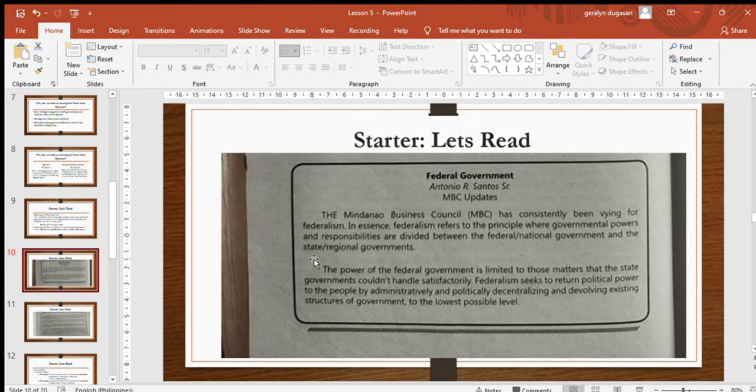The power of the federal government is limited to those matters that the state governments couldn't handle satisfactorily. Federalism seeks to return political power to the people by administratively and politically decentralizing and devolving existing structures of government to the lowest possible level.